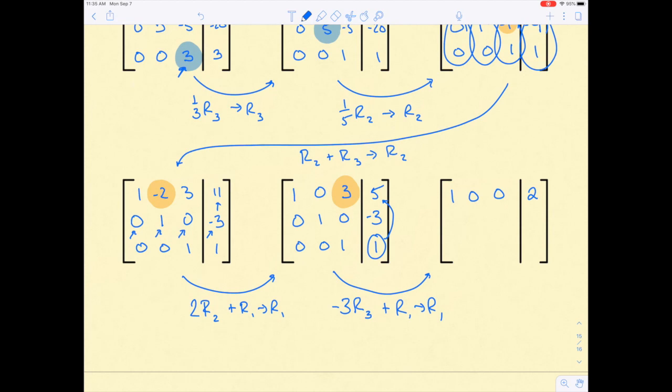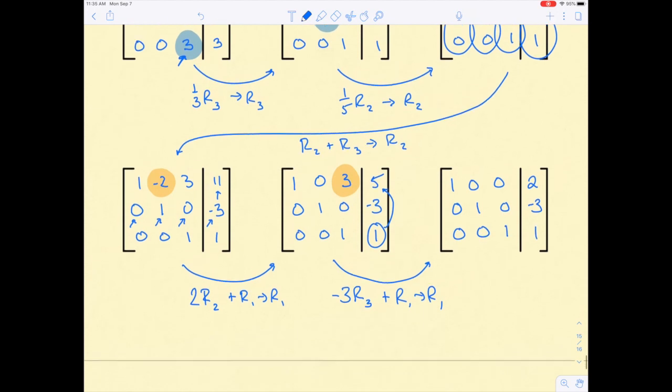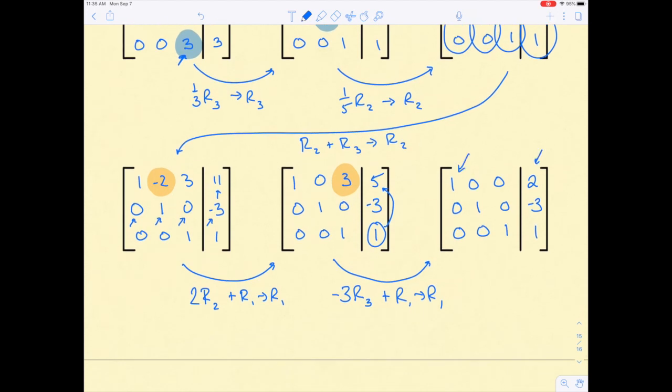I want to be very, very careful with that. And then 0, 1, 0, -3. I'm just rewriting these last 2 rows, and I'm done. Look, my x value is 2. So x is 2. My y value is -3. And my z value is 1.